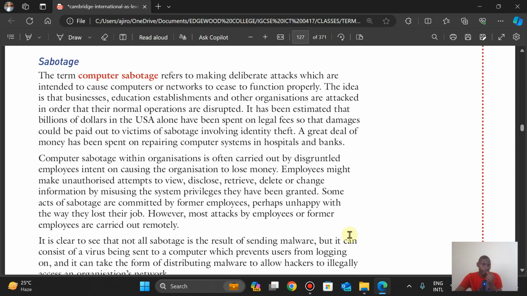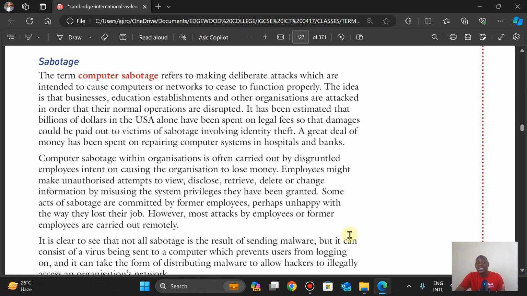Sabotage. The term computer sabotage refers to making deliberate attacks which are intended to cause computers or networks to cease to function properly. The idea is that businesses, educational establishments or other organizations are attacked in order to ensure that their normal operations are disrupted.